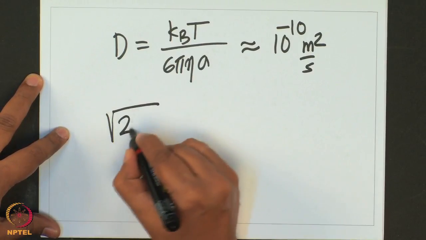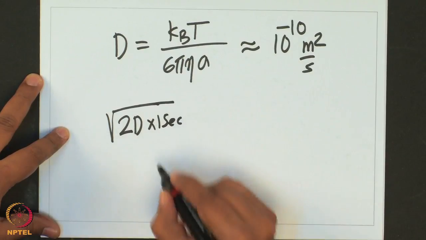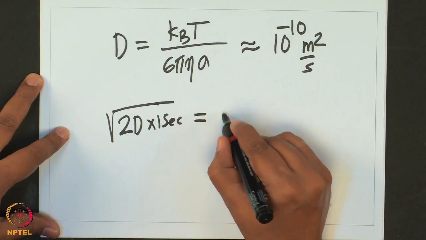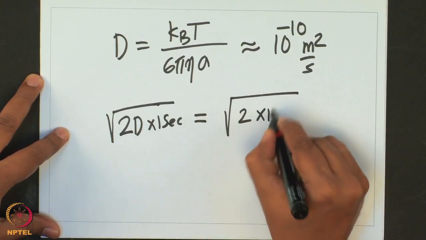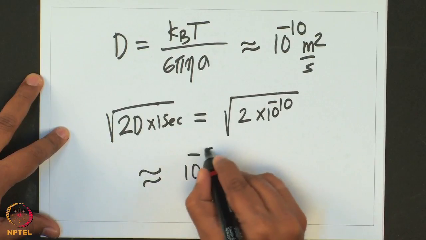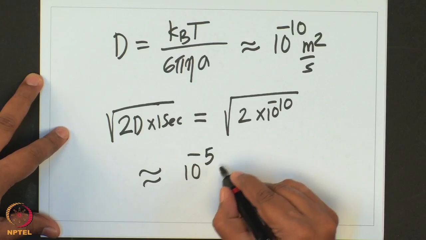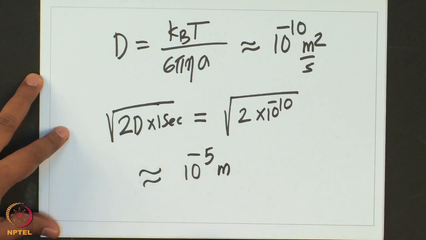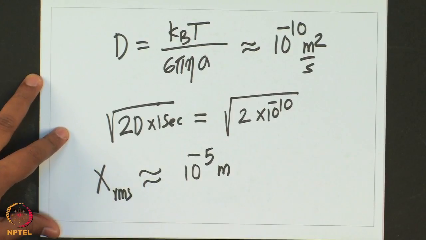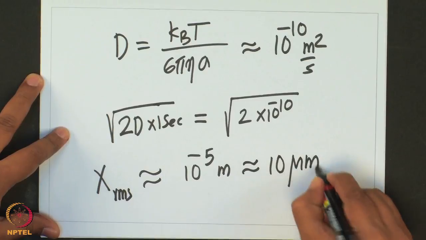Root 2D, and if I take 1 second as the time, this will be root 2 into 10 power minus 10. So this is approximately 10 power minus 5, and the SI unit is meter. So this is going to be the x RMS. In other words, this is approximately 10 micrometer.